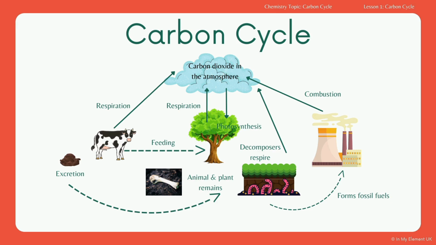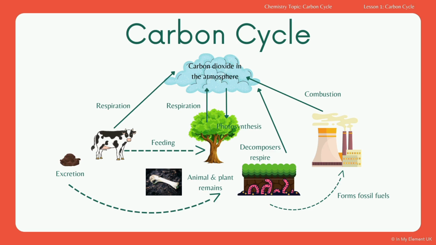It also shows you 4 arrows pointing towards that, from the cow, the tree, the decomposers and the power stations. And respiration and combustion are how that carbon dioxide is released into the atmosphere.